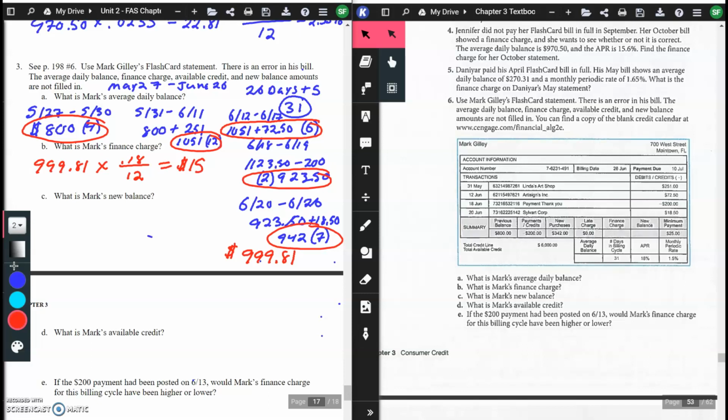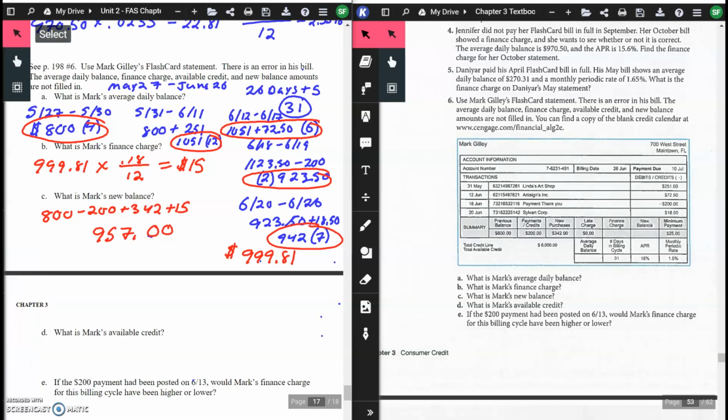Okay. And then Mark's new balance. Okay, we got 800 minus 200 plus 342 in new purchases plus $15 in your finance charge gives you a new balance of $957.00.